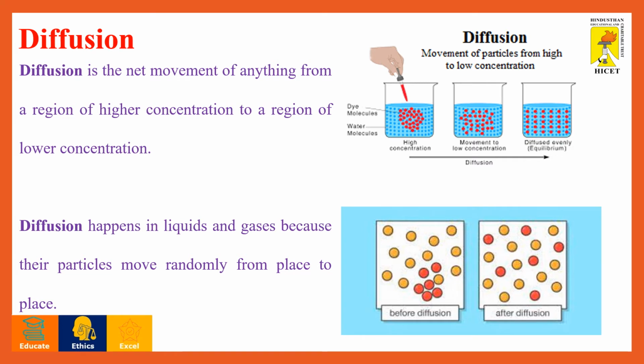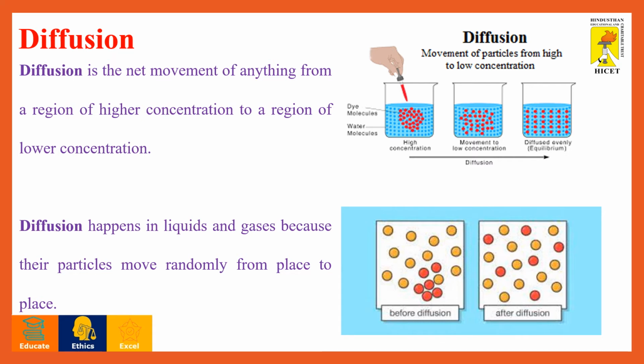So again I am telling you, diffusion is the net movement of anything from a region of higher concentration to a region of lower concentration. And the diffusion happens in liquids or in gases because their particles move randomly from place to place. The second image indicates before diffusion starts and the end of the diffusion.